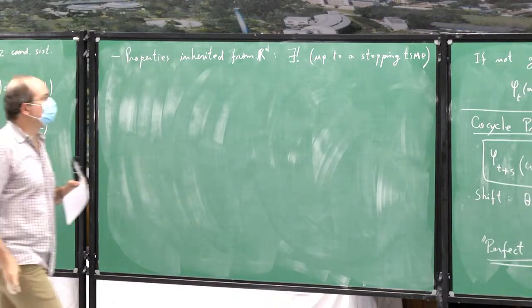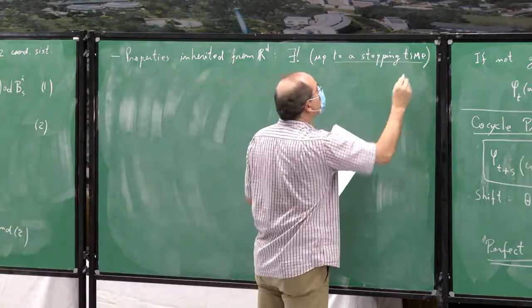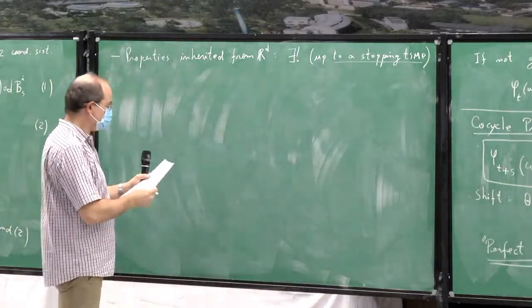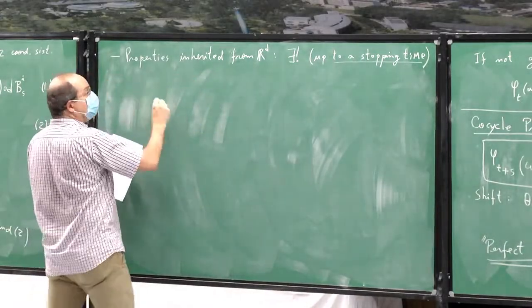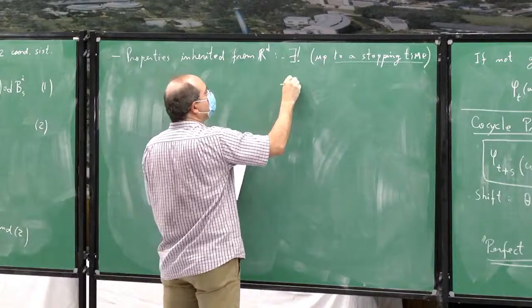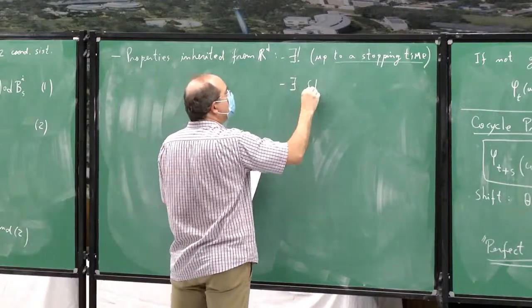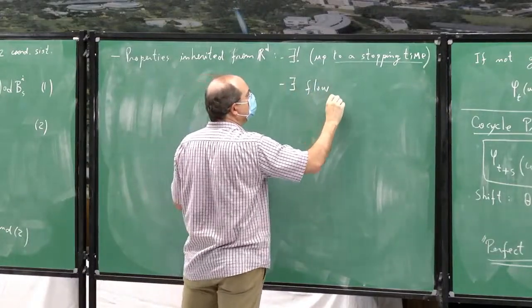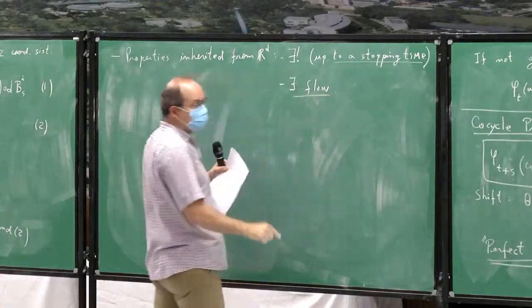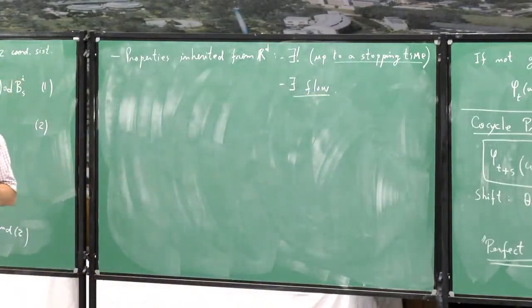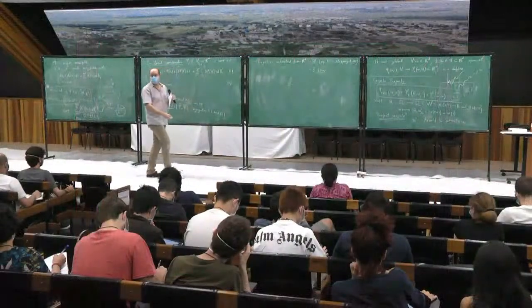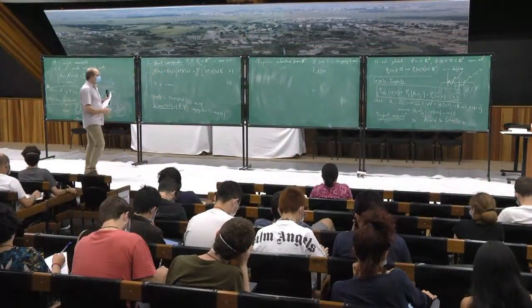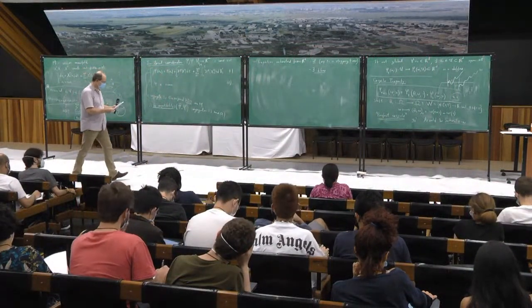So there are many reasons to include a stopping time here. Existence of a flow, with all the same probabilistic restrictions we had in R^n.